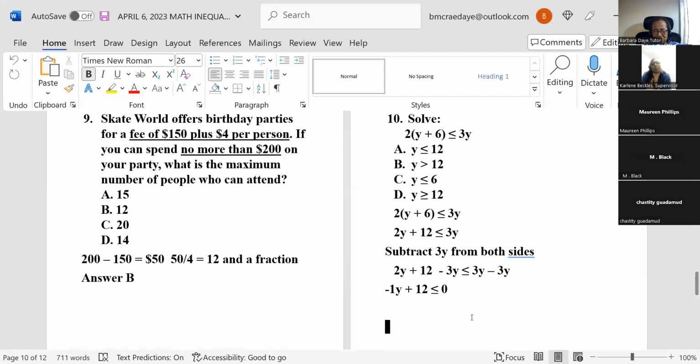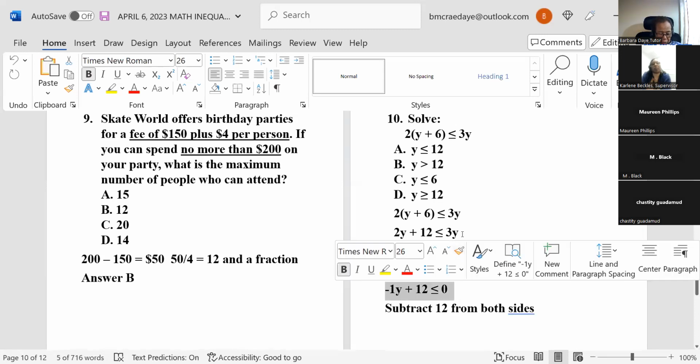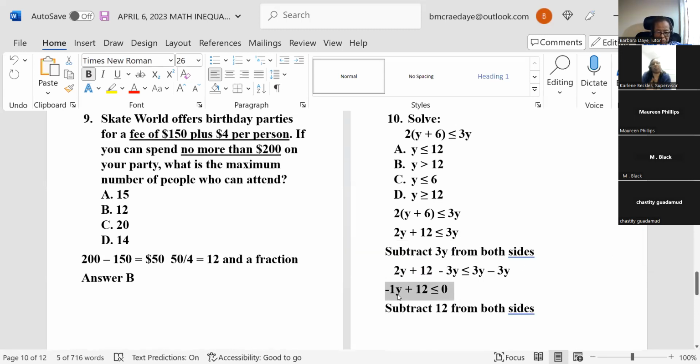We are going to use math terms here, using operations: subtraction, multiplication, addition. So we're going to subtract 12 from both sides. So we have minus 1y plus 12, and that would be minus 12. So minus 12.